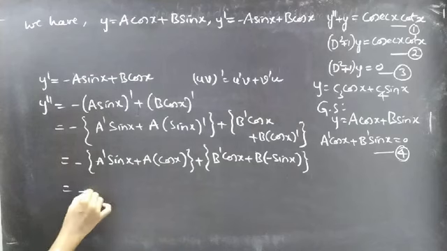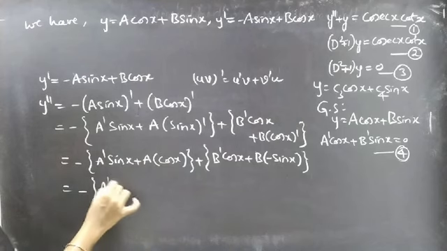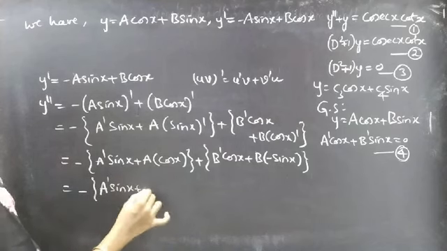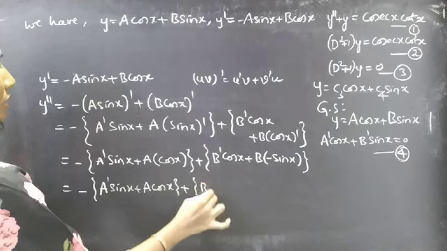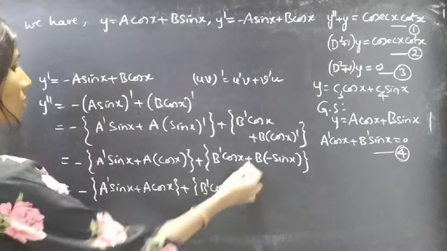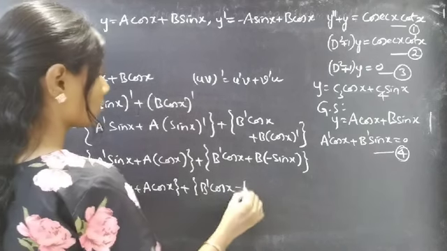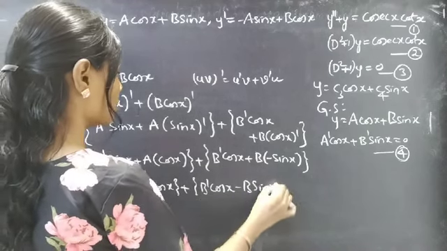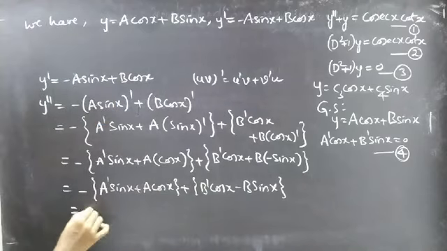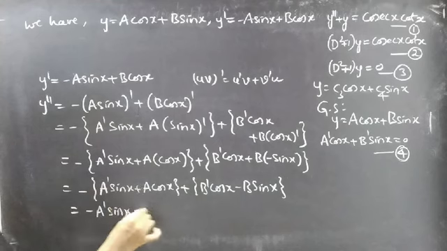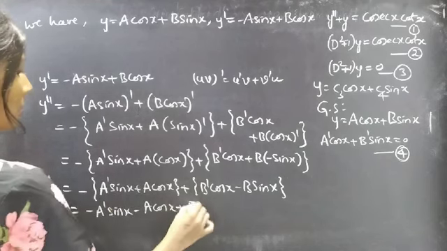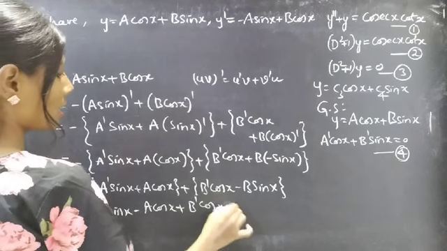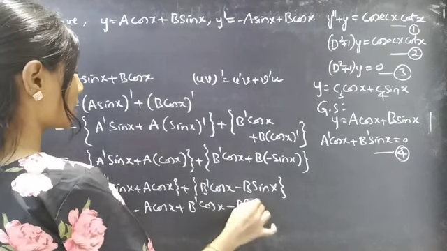This becomes minus of a' sin x plus a cos x plus b' cos x plus b into minus sin x, right? This equals minus a' sin x minus a cos x plus b' cos x minus b sin x.